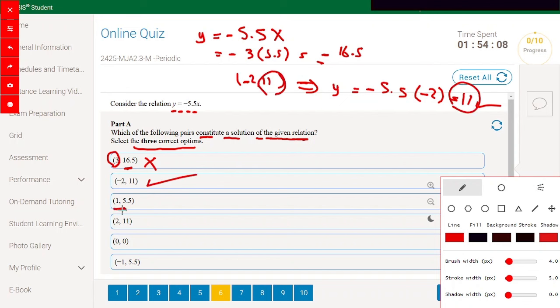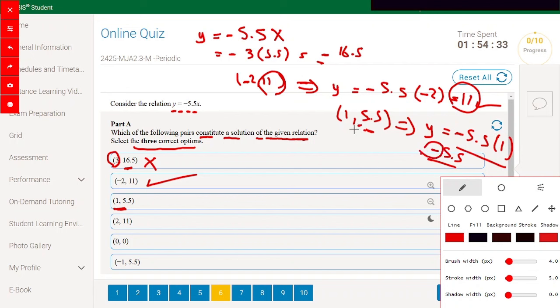Now 1 and 5.5. So y equal to minus 5.5 multiply 1. It will be minus 5.5, which is not equal, because this is positive, so it's not the right answer.